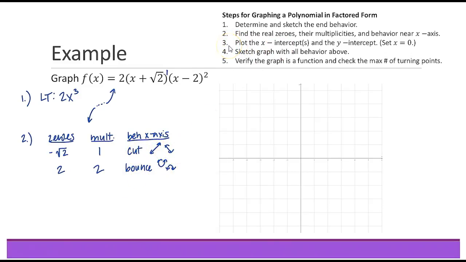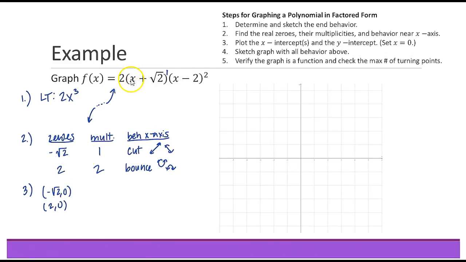And now we're going to start to put all of this together. So we want to plot the x-intercepts and the y-intercept. Remember, to find a y-intercept, we set x equal to 0. We really already have the x-intercepts. So for part 3, the x-intercepts are going to be negative radical 2, 0, and 2, 0. So that's the real zeros. Those are the x-intercepts.